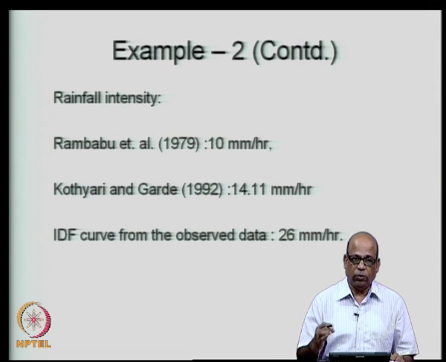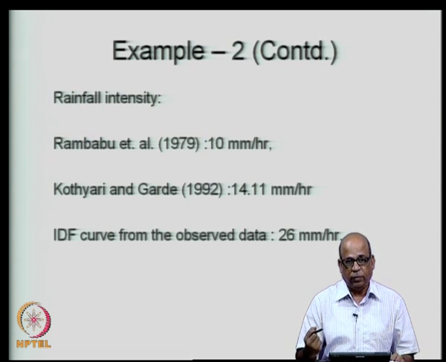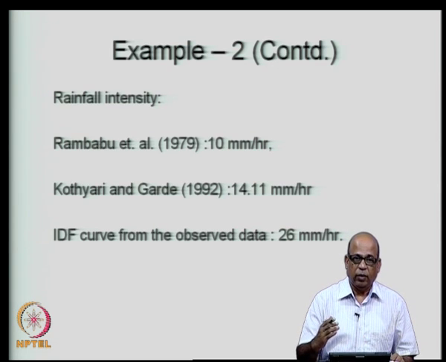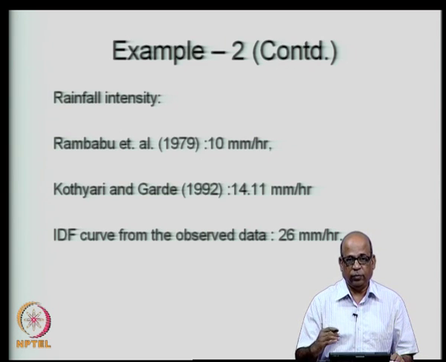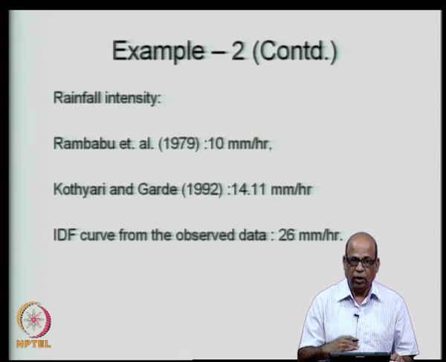There is a significant non-stationarity that has been introduced because of climate change, and therefore, the IDF relationships cannot be held fixed, and we must have a mechanism by which we should be able to project, given a particular IDF relationship today, in what way the IDF relationships are likely to change in 2 decades, 3 decades, 2020s, 2040s, etc., because our hydrologic designs that we are putting in place today are supposed to serve us for the next 30 years, 40 years and so on, and therefore, we must be able to use the corrected IDF relationships.